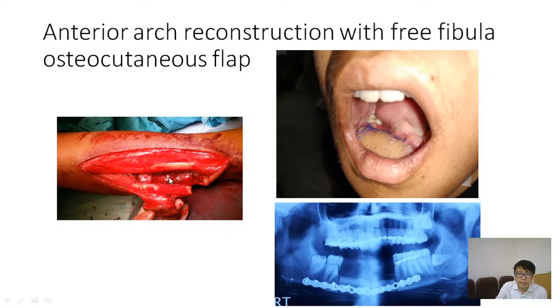So we can harvest a bone from the lower leg, usually the fibula, and then put it here into the surgical defect, and the fibula is supplied by peroneal vessels, which can be anastomosed in the neck. So this is a vascular flap, and later on we can use dental implants to rehabilitate this area. So the patient can also chew in future by using a dental implant.